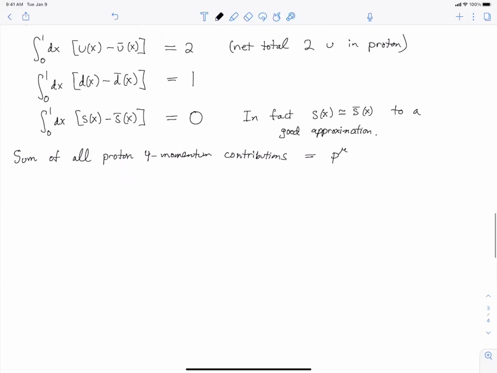So how does that look in terms of parton distribution functions? Let's integrate from 0 to 1. We're integrating over all momentum fractions of the momentum fraction multiplied by the probability to have some parton with that momentum fraction. So there's some probability to have an up, some probability to have an up bar, some probability to have a down, some probability of a down bar, and we just add all of these things up.